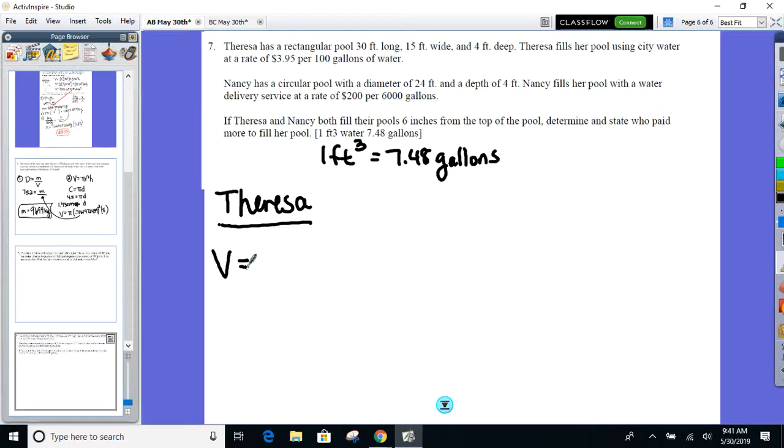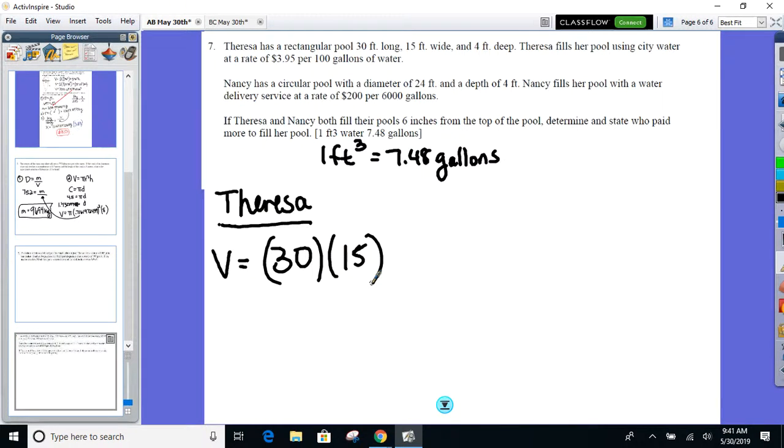But I'm not multiplying all 3 of them. What'd the end of the problem tell us? She only fills it 6 inches from the top. So yeah, I'm going to do 30 by 15.